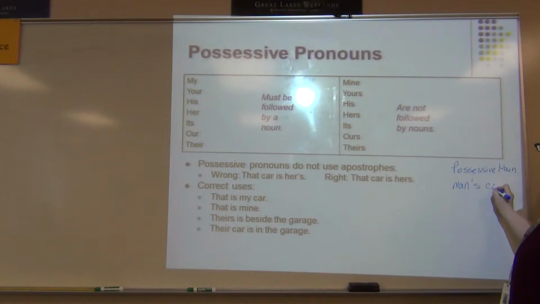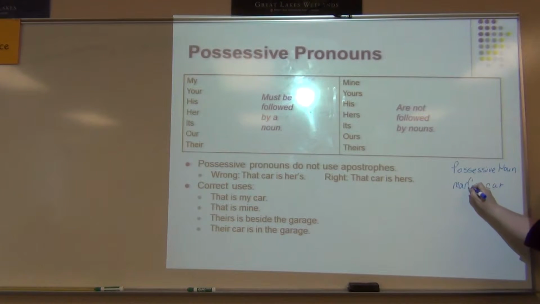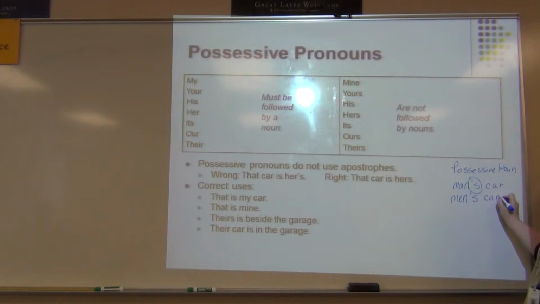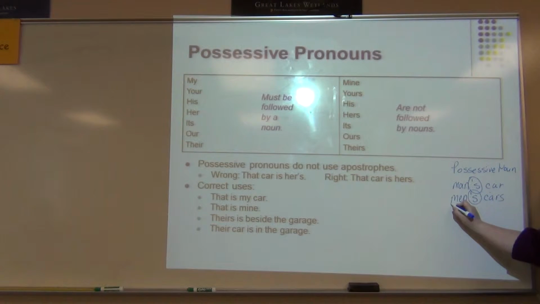The man owns a car. Man's car. Here I'm using apostrophe S to show this one person is owning this thing. Okay? So if I have more than one man, so I have men, and they have cars, here again I'm using the apostrophe S to show this, and this word is telling me plural.